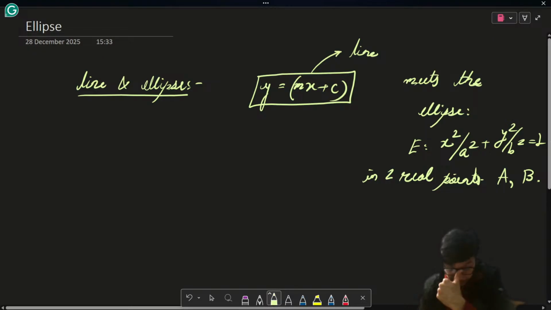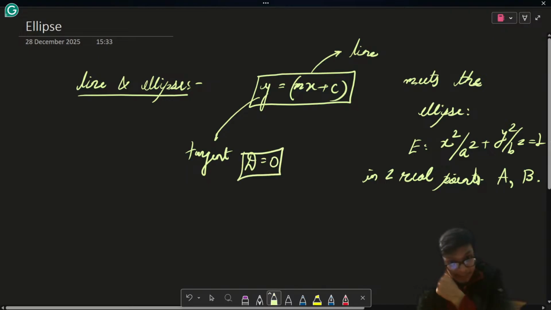Now it will intersect at two real points, or it will intersect only at 1 point, or it will not even intersect. That depends upon that quadratic equation that we have discussed in our last class. However, in case this particular line is a tangent, in the last class we discussed that the condition is that the discriminant should be equal to 0. That basically means there is only one real root.